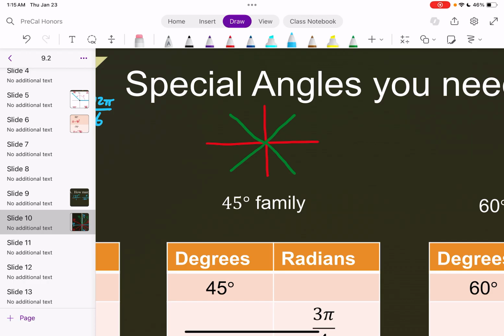So initially this would be pi over 4, 3 pi over 4, 5 pi over 4, and 7 pi over 4.